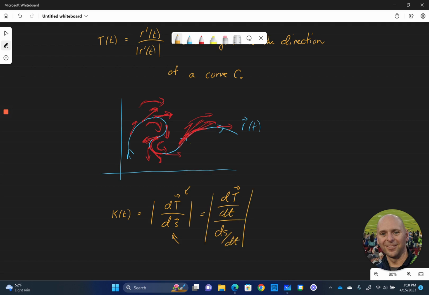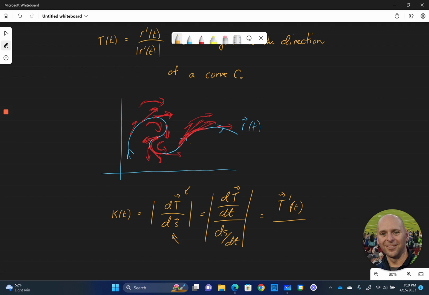The numerator here we would just recognize as the derivative of T, so this is going to be T prime of t, a quantity that we're familiar with through other calculations that we've made. Now, the denominator here certainly is just s prime of t, but we can actually do a little bit better.